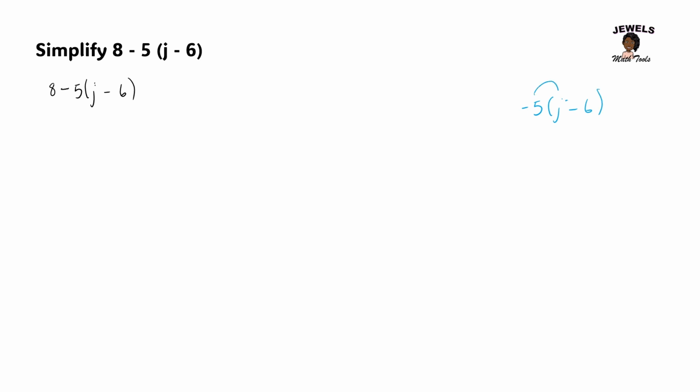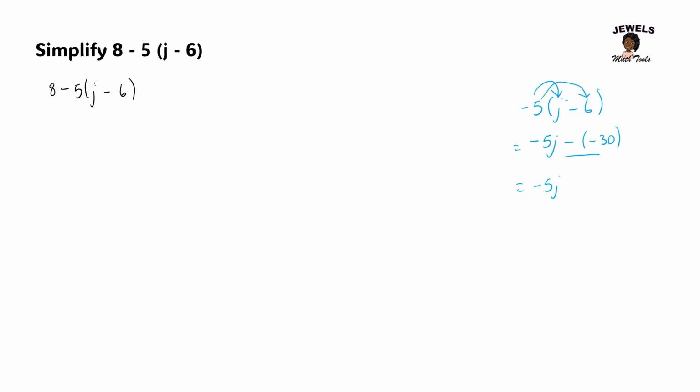And remember that -5 will be multiplied to j, which would equal -5j. And then our -5 will be multiplied to our 6, which will equal -30. And remember, just like we did before, when two signs follow each other, we are going to be using our rules for multiplication.